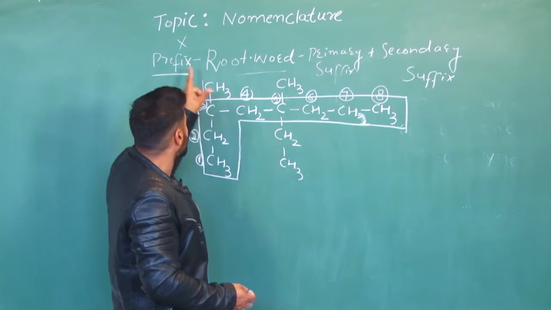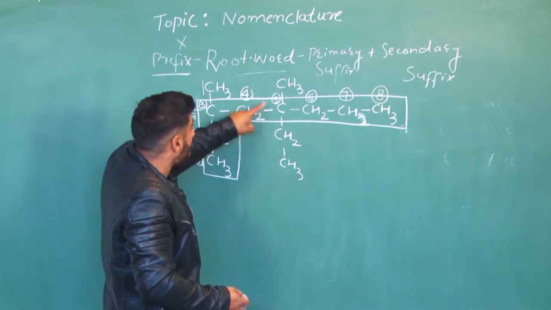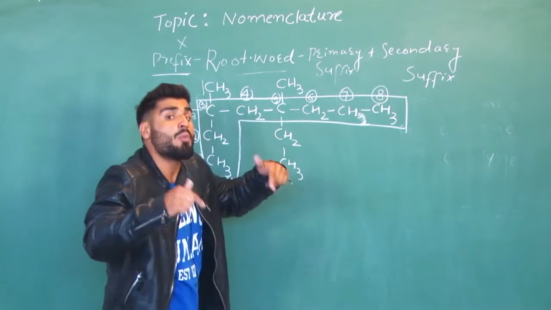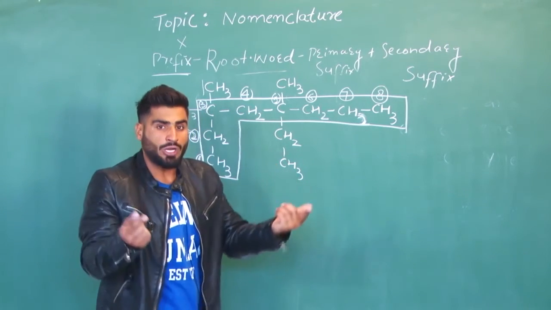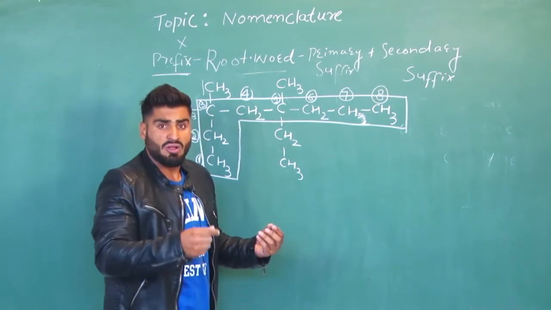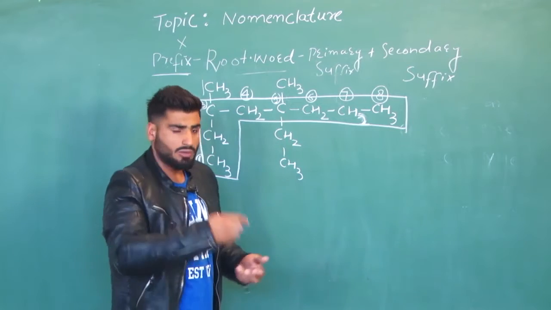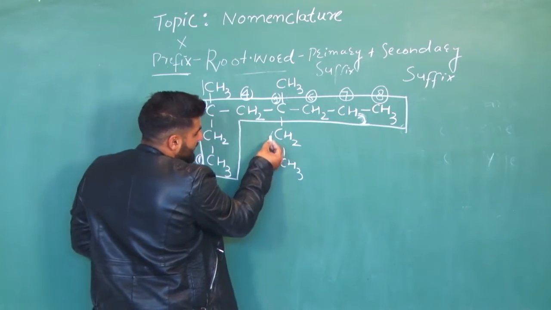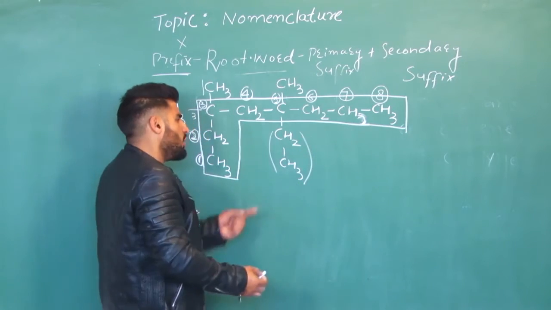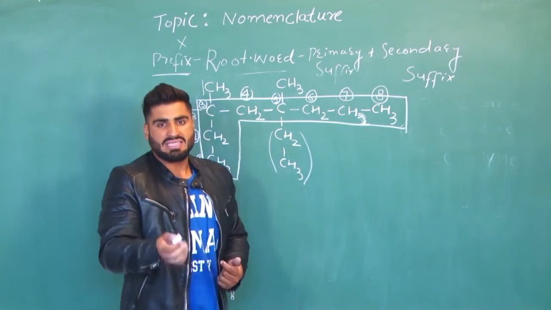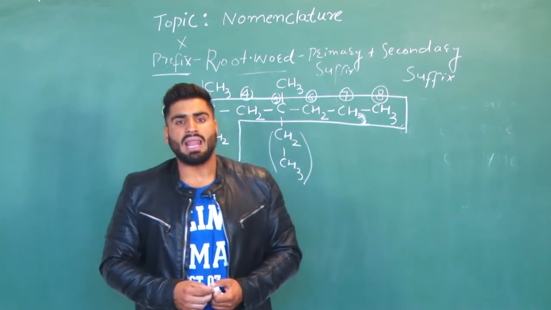Side chains are always written in prefix along with their number, their locant, and their quantity: for 2 di, for 3 tri, for 4 tetra. Now listen students, there is a rule for how to write these side chains. For side chains, we write YL.